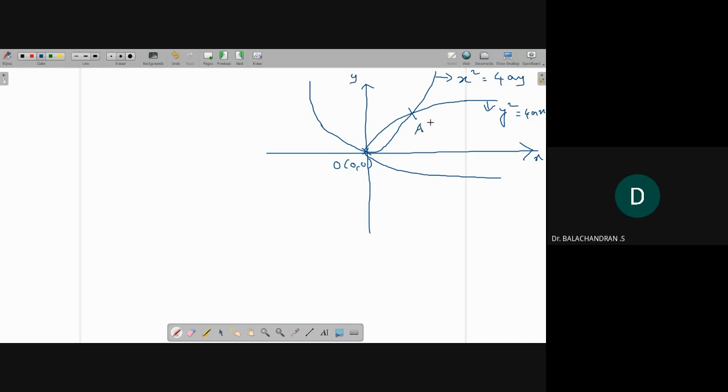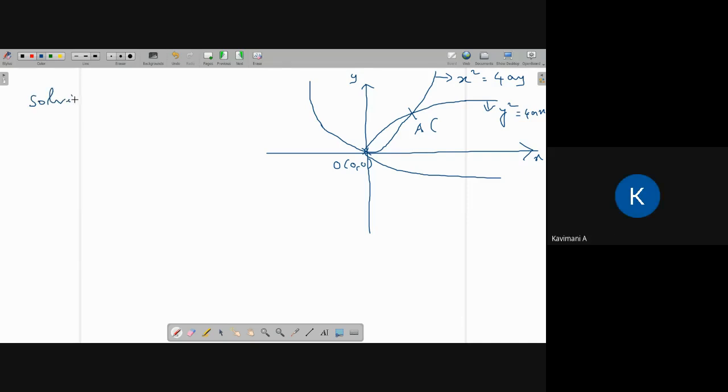So what is the A? Already we solved a similar type of problem. That's why I'm asking, what is A?